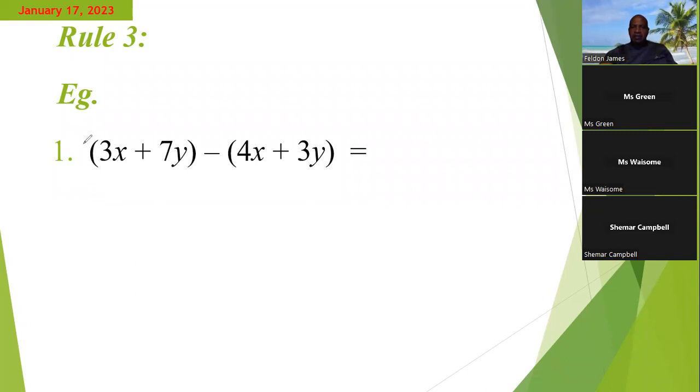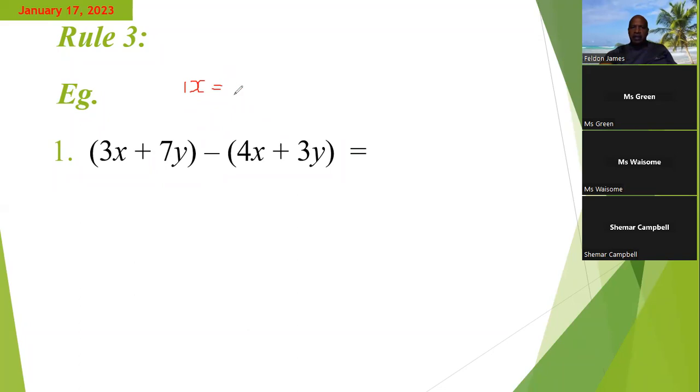But Miss Waysome would have given the answer, because if you have a term or a letter by itself, we can take the coefficient, the number in front of that letter, to be 1, because legitimately, if we multiply 1 by anything, we get back the thing.